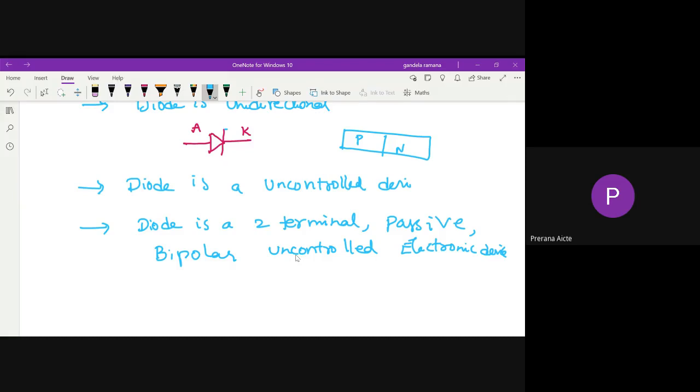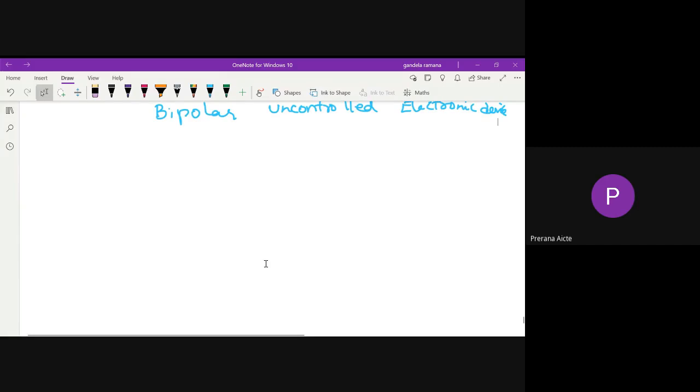So now, PN junction diode unbiased condition.